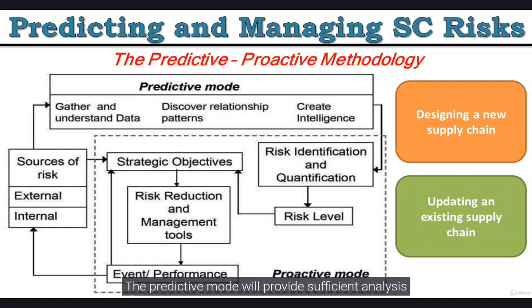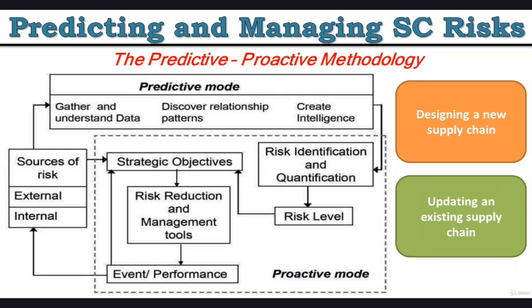The predictive mode will provide sufficient analysis for identifying risks and quantifying their probability of occurrence and the impact. Also, information regarding the external and internal sources of risk in the form of security issues related to supply chain members, risk profiles for countries in which the chain operates, and risk profiles for individual members in the supply chain will be considered.